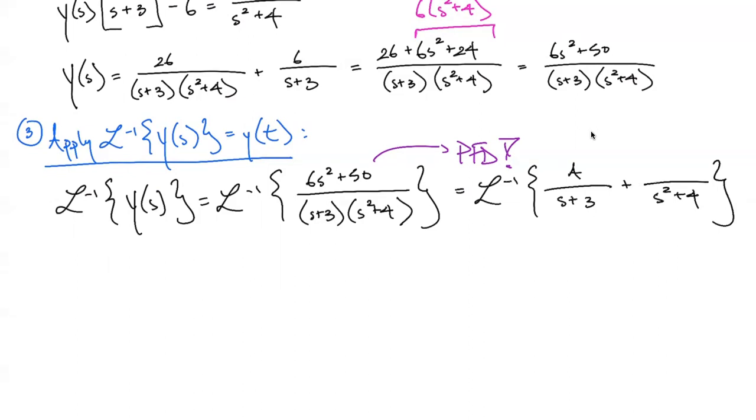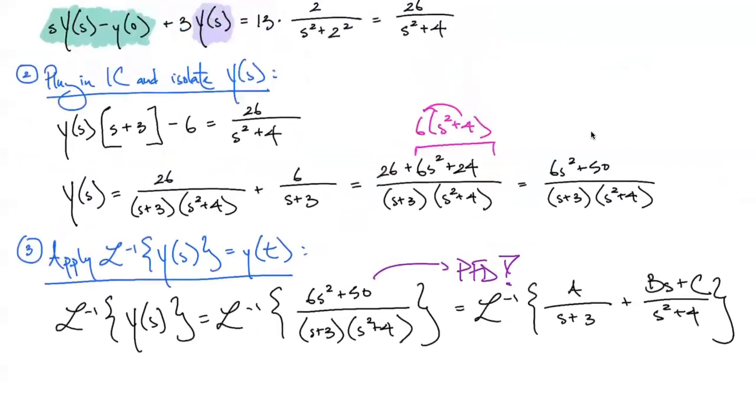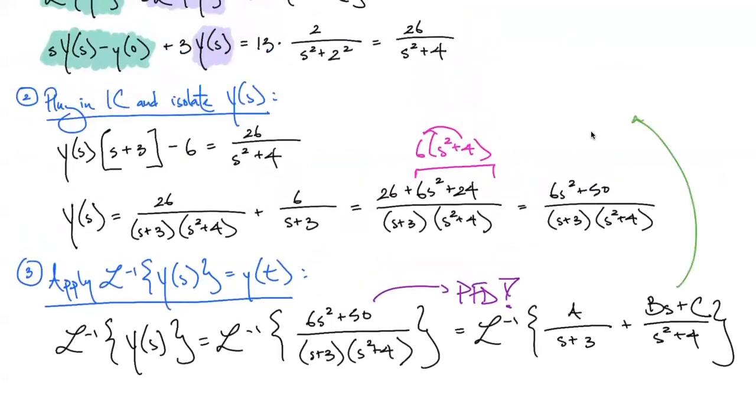But yeah, we want a linear term on top here, right? Let's play a little what-if for a moment. What if instead of s squared plus 4, I had (s plus 4) squared?